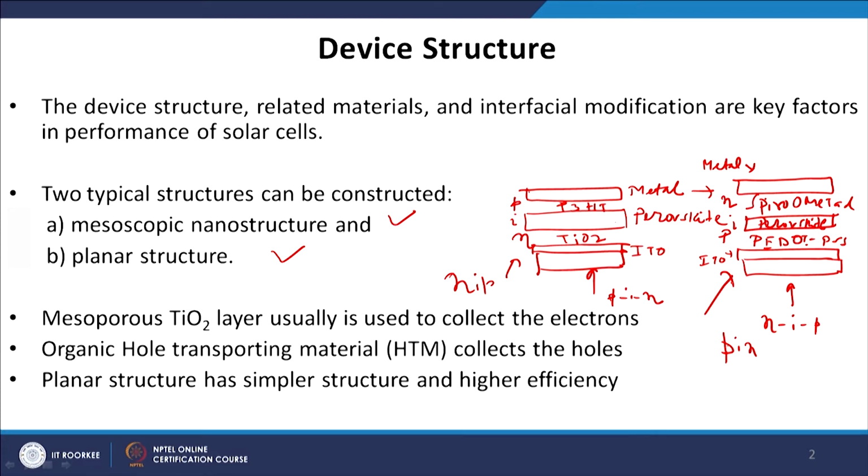In NIP geometry we put a titanium dioxide layer at the interface of the ITO and the perovskite, and as a hole collection layer we use P3HT, or you can use any hole transport material, any conducting polymer which has a very large hole mobility. Now, this TiO2 layer can be a mesoporous TiO2 or a planar structure TiO2.